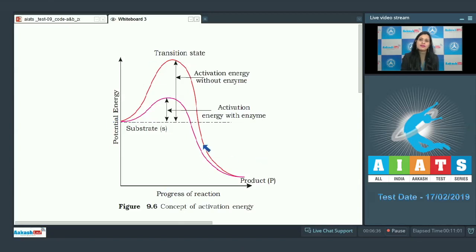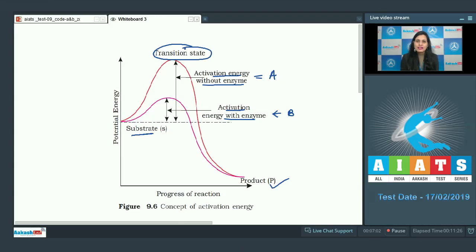This graph is also given in your NCERT book, where A is activation energy without enzyme and B is activation energy with enzyme. Here we have our product, here our substrate, and this is the transition state.